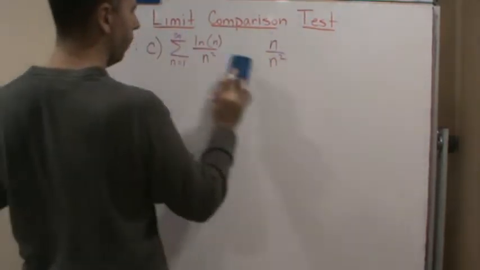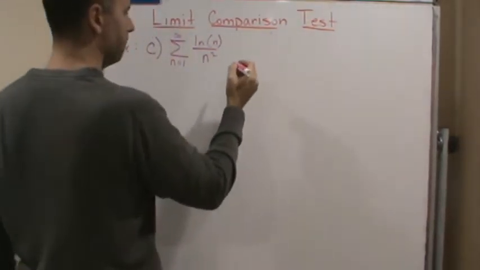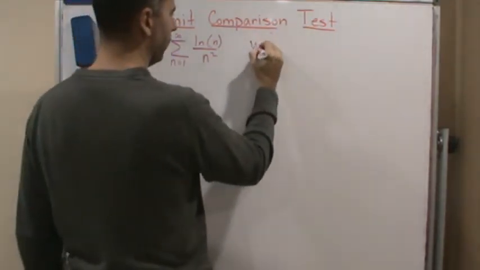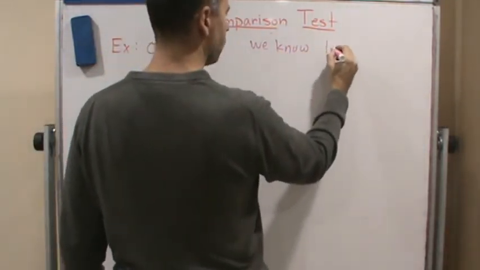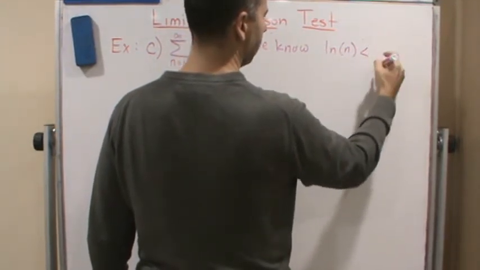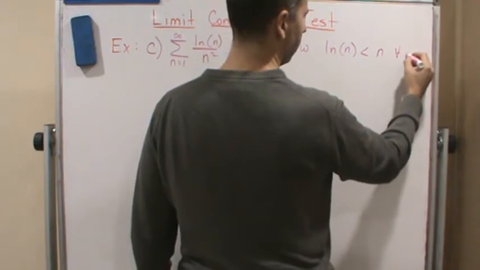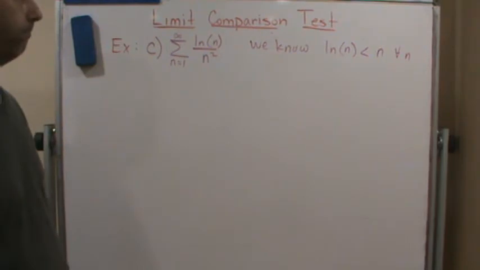Well, we know that the natural log of n is less than n, right? For all n, for all positive integers n. Okay, that's true.